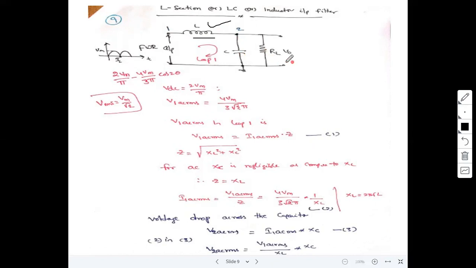Now observe here, in the capacitor filter, the ripple factor is 1 by RL.